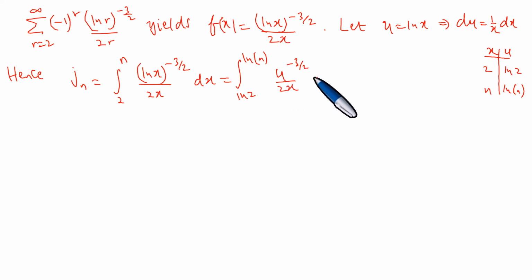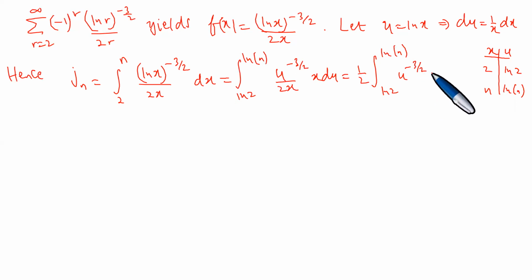What is the x? So this is 1/2, which is the ln of n, which is u to the minus 3 over 2 du.